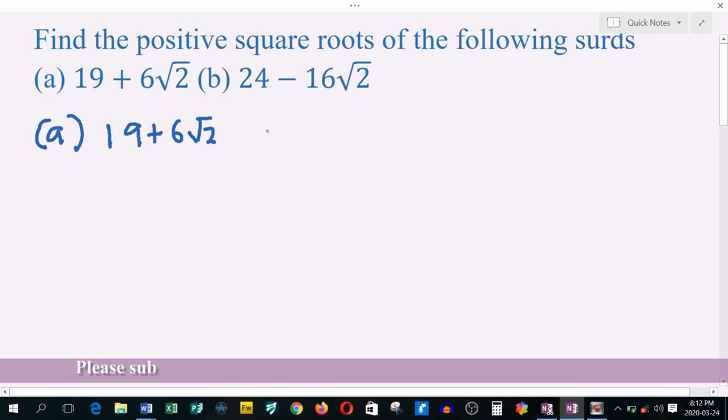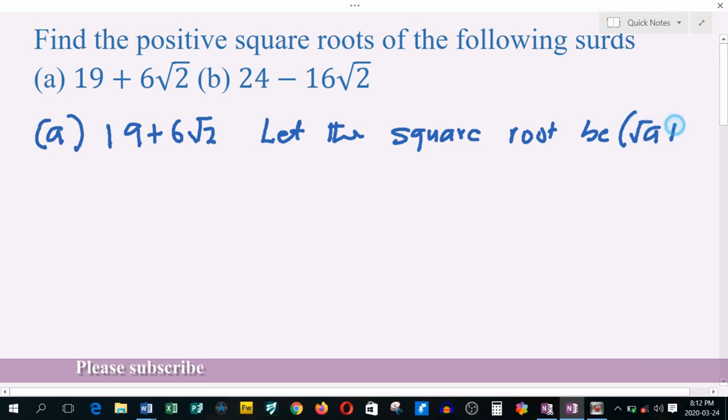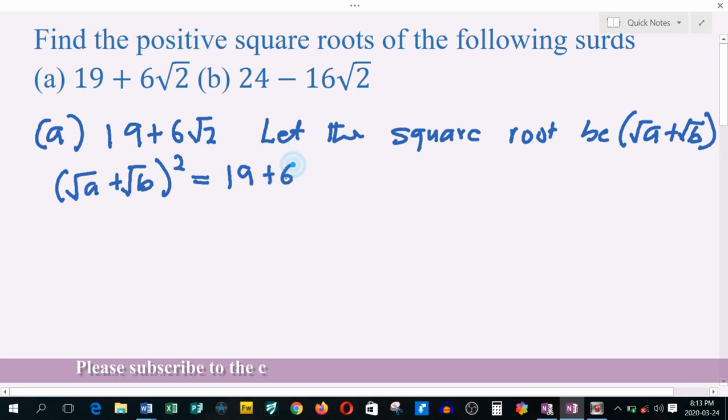Let the square root be root a plus root b. So what this means is that when we multiply root a plus root b by itself, that is when we square it, we get 19 plus 6 root 2.